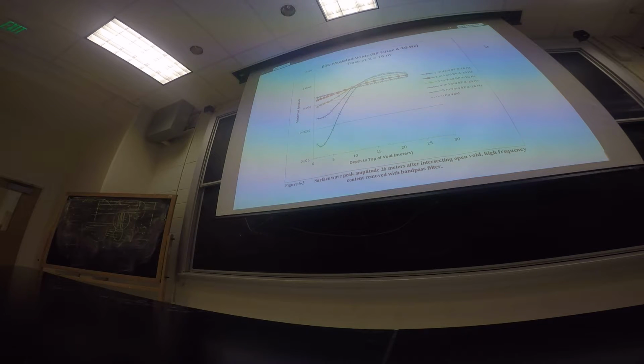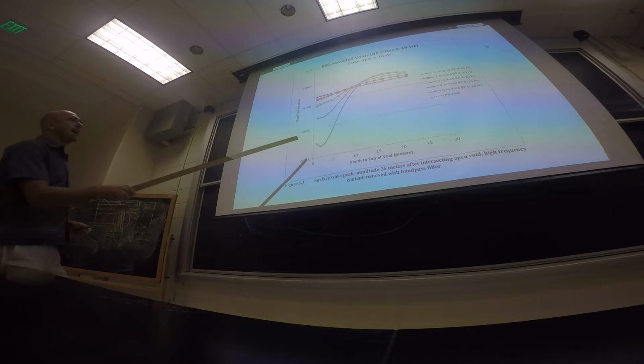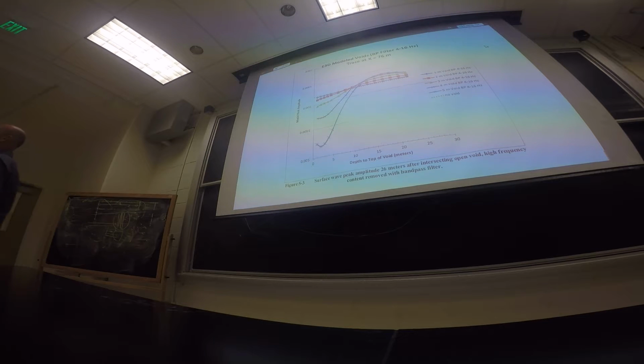So we can use these forward models, again, to match to our real data. Just like we were talking about with the surface wave analysis and looking at velocity. We're basically, just like you're doing on your homework now in gravity, building hypothetical models, and we're seeing what the data response is from the computer.